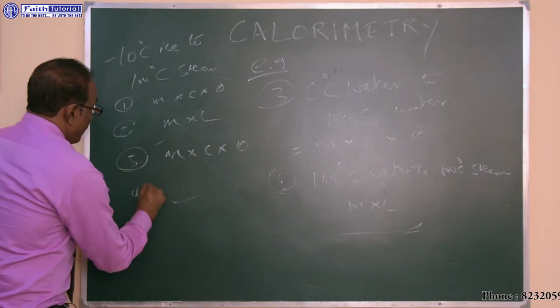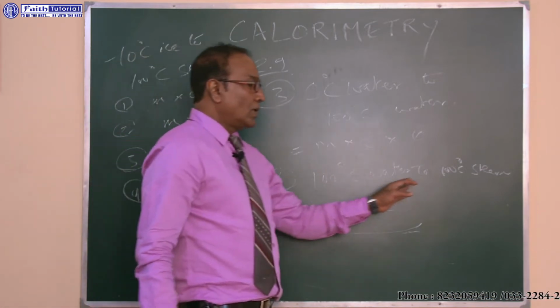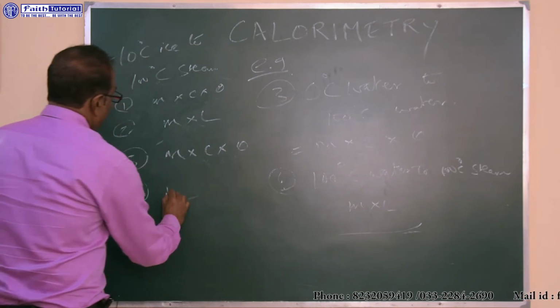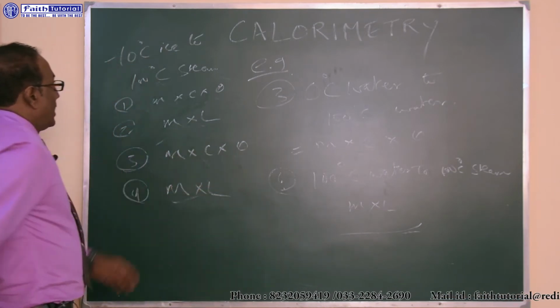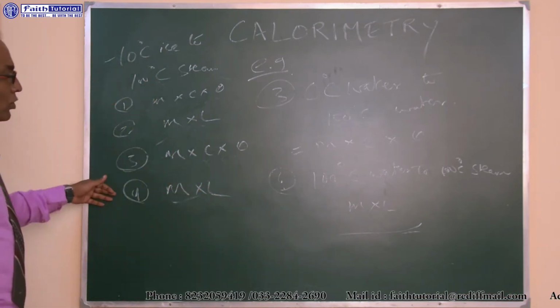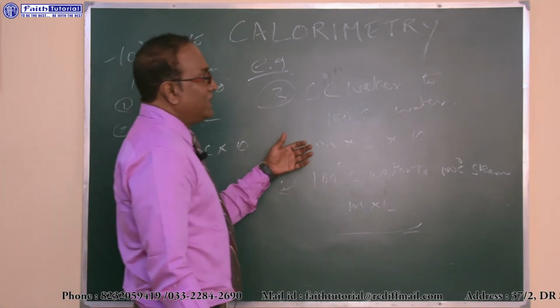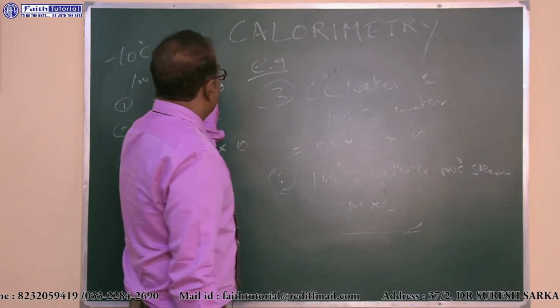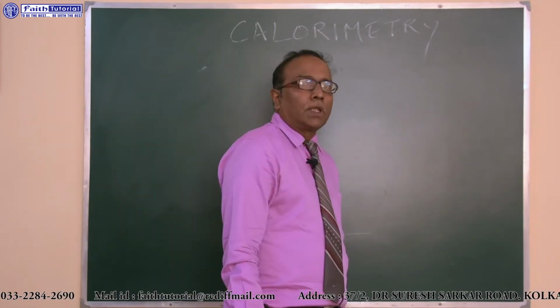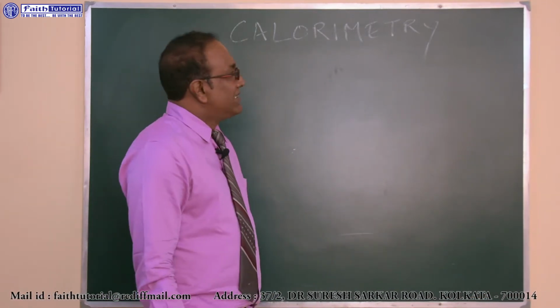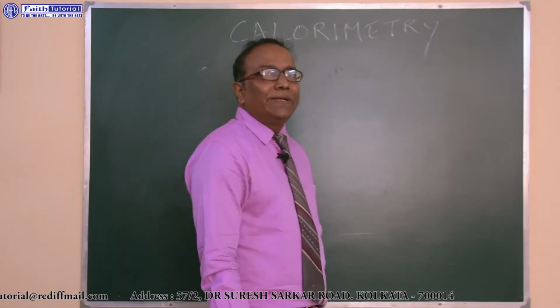And number 4, 100 degree centigrade water will convert to 100 degree steam, that is m into L. When you add up all the 4, you get the total heat that has been used by the ice to convert into steam.